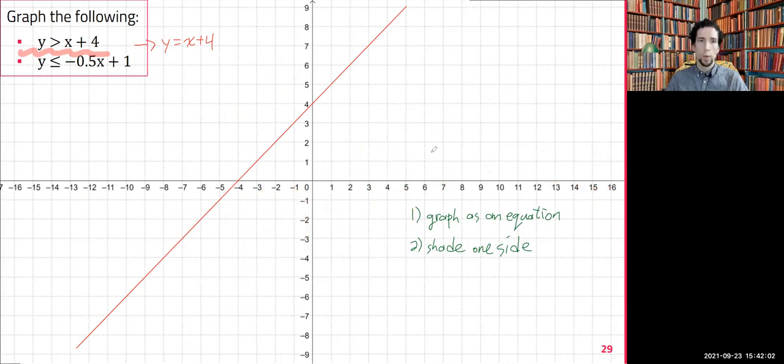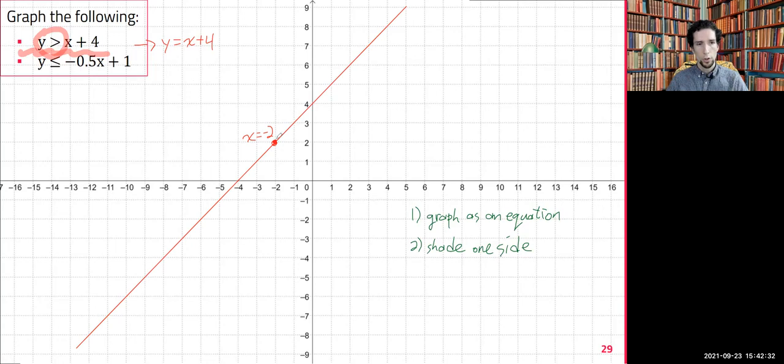So which one is it? Is it going to be above the line or is it going to be below the line? Well, first we can say here, this is y is greater than x plus 4. So let's imagine that we have a point, let's say this point right here, where x is equal to negative 2. So y can be x plus 4, negative 2 plus 4.